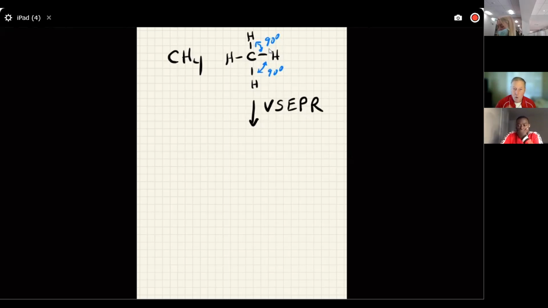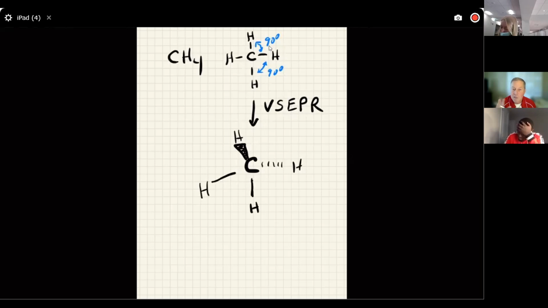Now, a central carbon atom and 4 different electron pairs, if they want to get as far away from each other as possible, this is what it looks like. What does that wedge and what does that hash mean? Well, they're just single bonds.